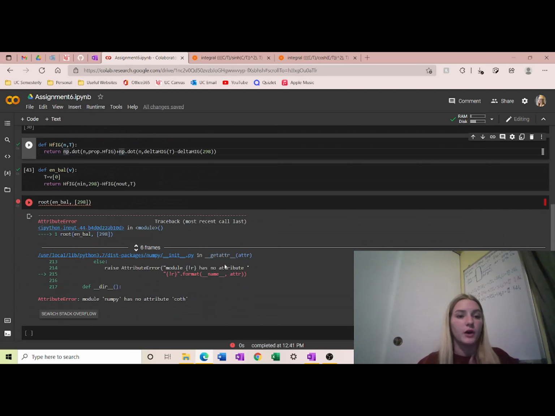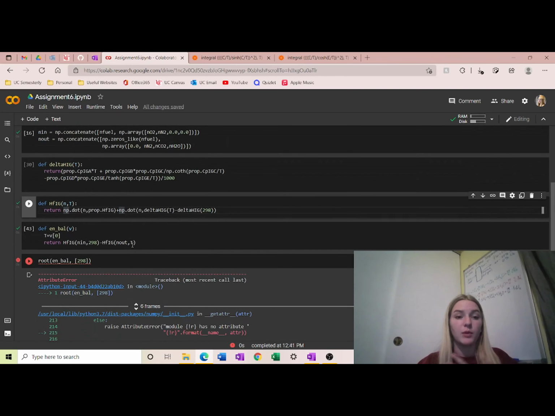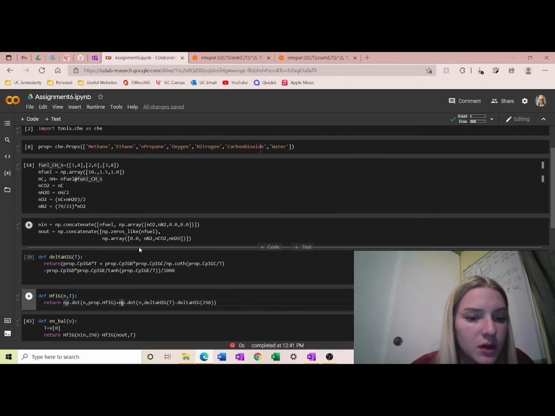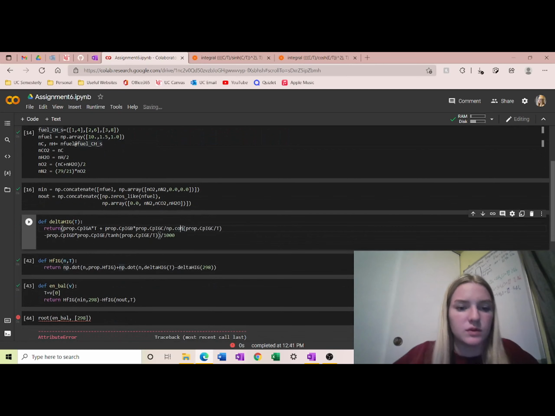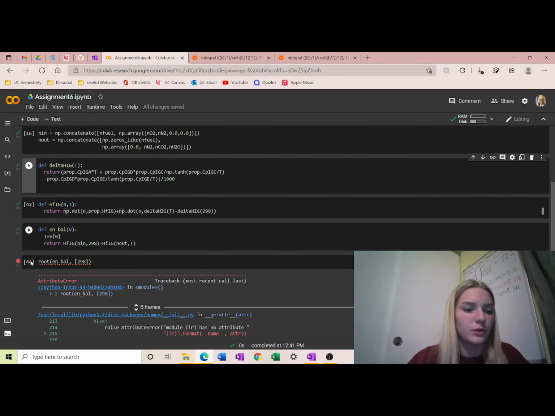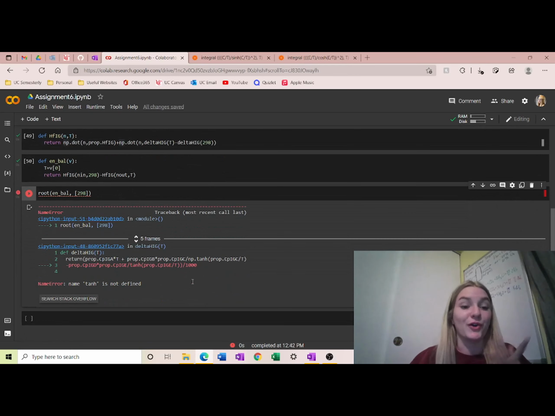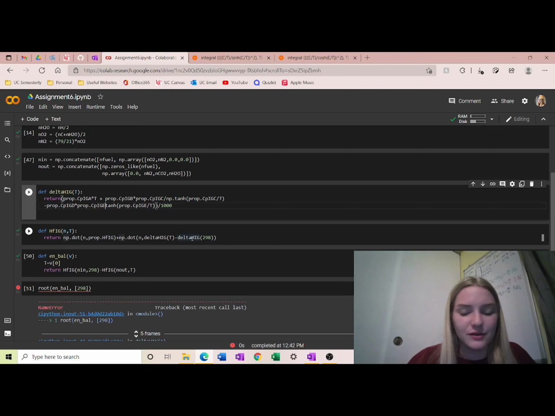Okay, so for our second error, NumPy does not have the hyperbolic cotangent, so we are actually just going to use up here, we are just going to use tangent, not cotangent. So we are going to rerun these. Okay, so for our third error, we have a division symbol here, and this needs to be multiplication.